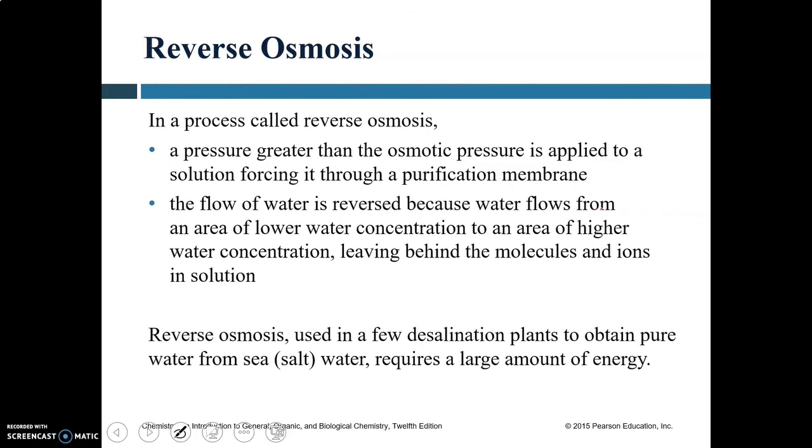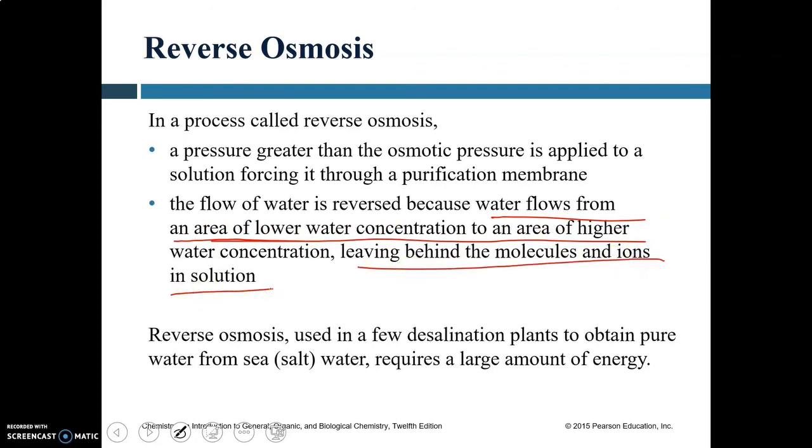So this brings us to the process called reverse osmosis. When we apply pressure that is greater than the osmotic one to the solution, we force the solution through the purification membrane. The flow of water in this case is reversed compared to osmosis, because water flows from the area of lower water concentration to an area of higher water concentration and leaves behind the molecules and ions in the solution.